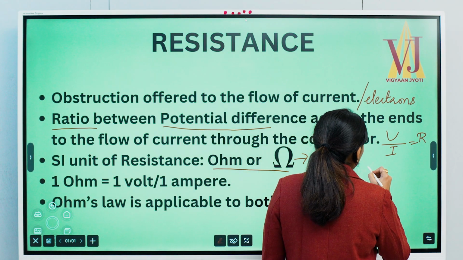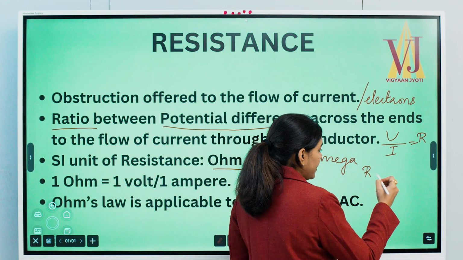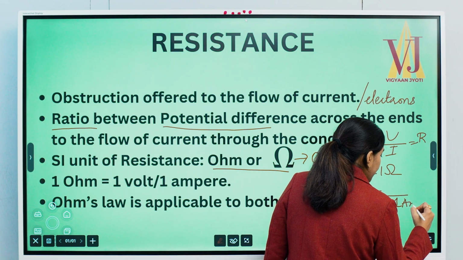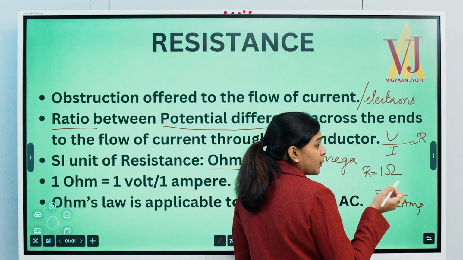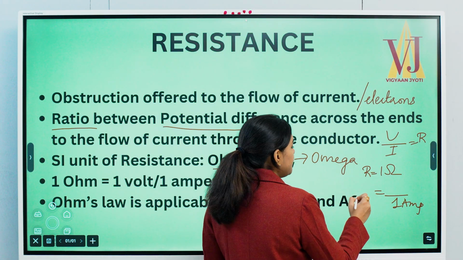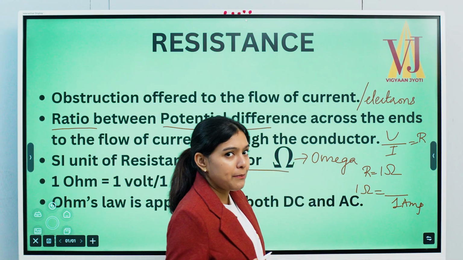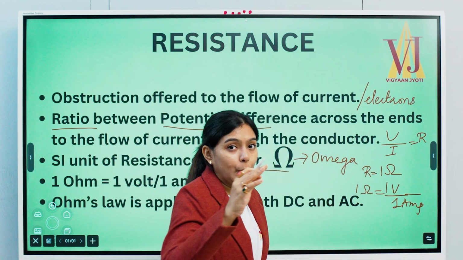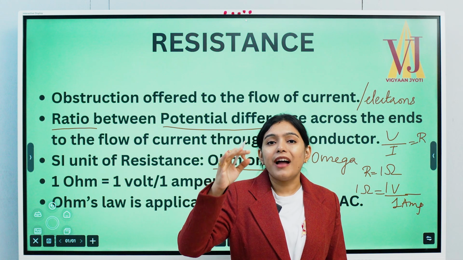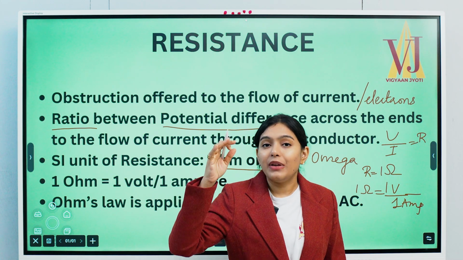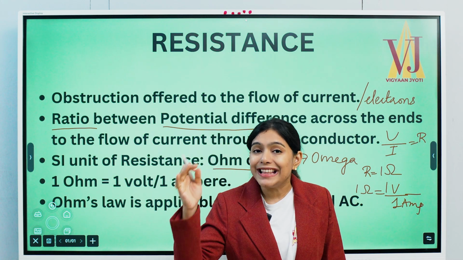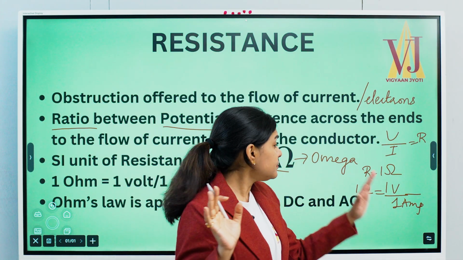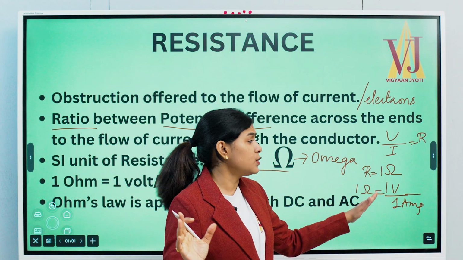So if my resistance is 1 ohm and my current is 1 ampere, then the voltage across the ends will also be 1 volt. So resistance of 1 ohm is offered to the flow of electrons when the voltage across the ends is 1 volt and the current flowing is 1 ampere. The ratio between 1 volt and 1 ampere is known as 1 ohm.